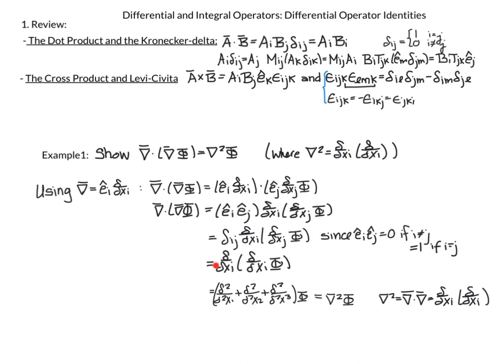Here we have our summation. We're essentially taking d2 dx1, d2 dx2, d2 dx3 of phi, which is the Laplace operator defined here. So we have proven that the divergence of the gradient of phi is equal to the Laplace operator of phi.